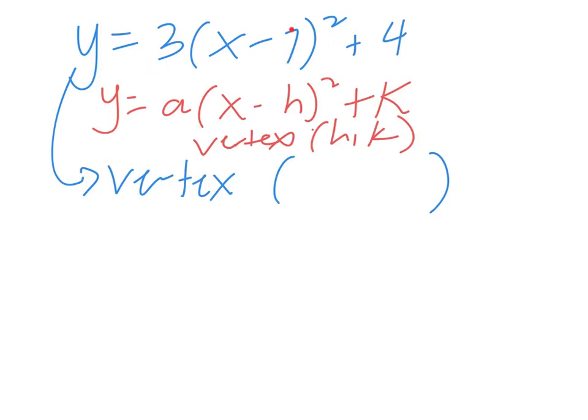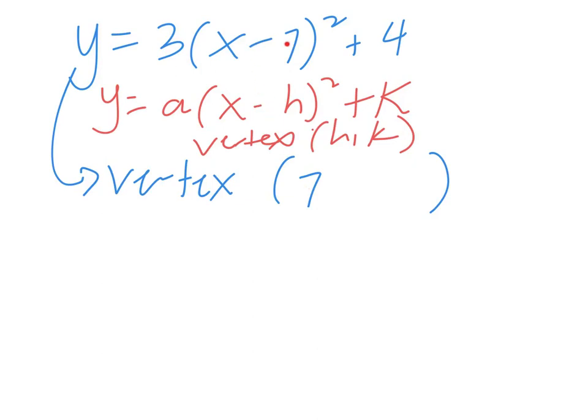Right? So the 7 is the h. And notice that in the formula there's a minus. So actually the x-coordinate of the vertex, h, is actually positive 7, because the formula is already negative, so we just pulled the number out. If in our equation, what was in the parentheses was a positive, if it was x plus 7, for example, the value that would come out to the x coordinate of the vertex would be negative.